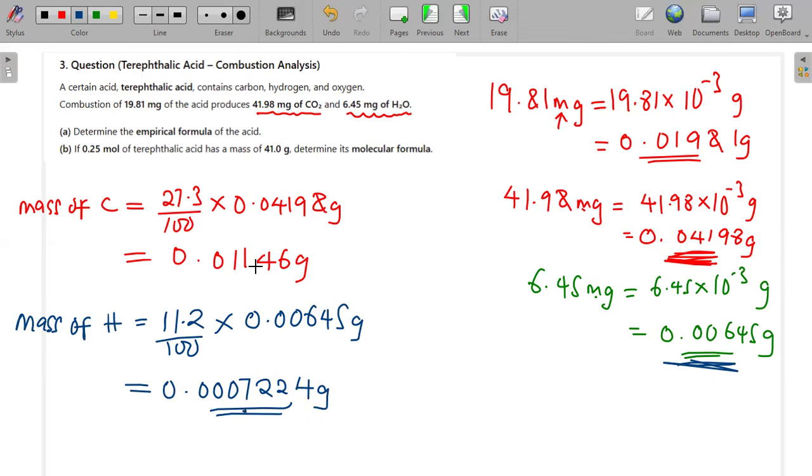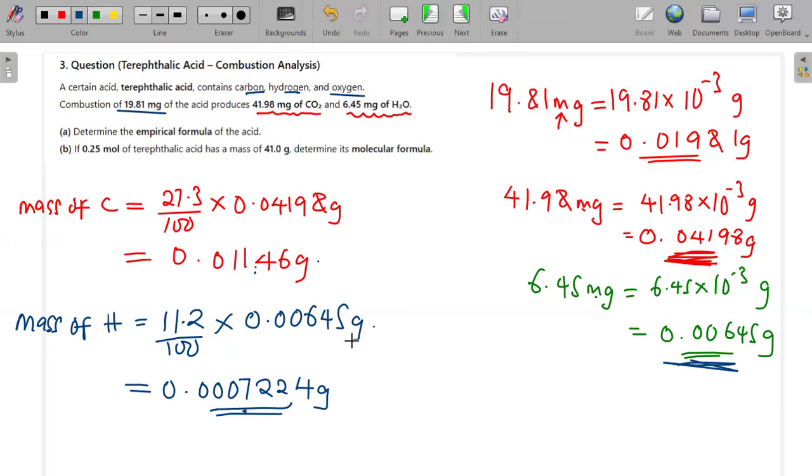So this is the mass of hydrogen, and this is the mass of carbon. Remember, this compound or this acid contains carbon, hydrogen, and oxygen. So when I add the mass of carbon, the mass of hydrogen, and the mass of the oxygen that I don't know, I should get the mass of the acid, because it's made up of three things.